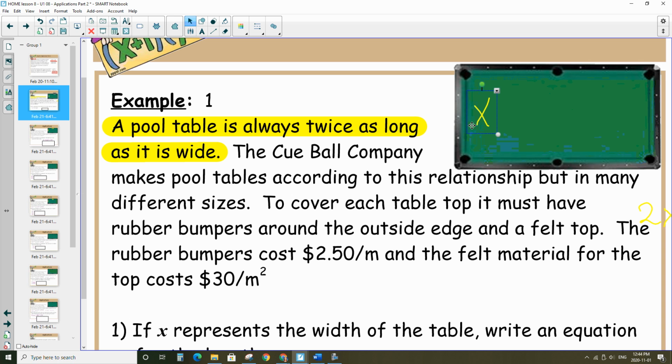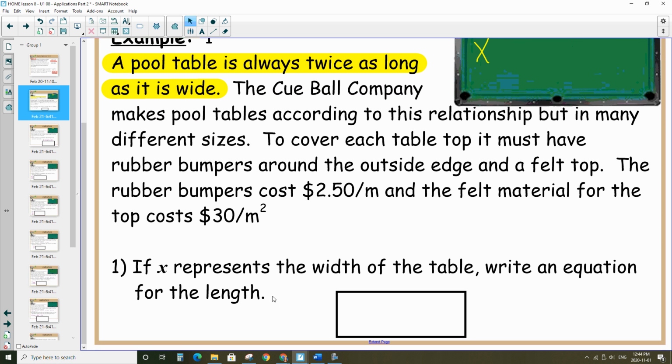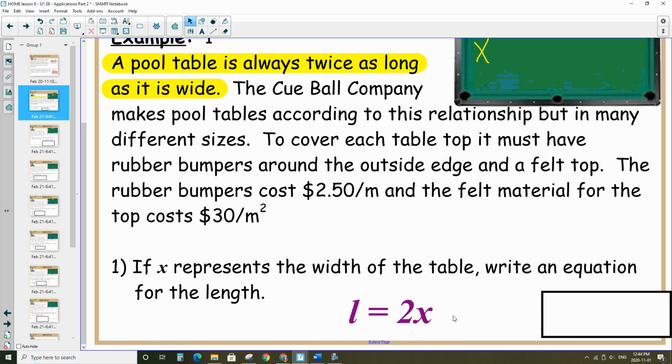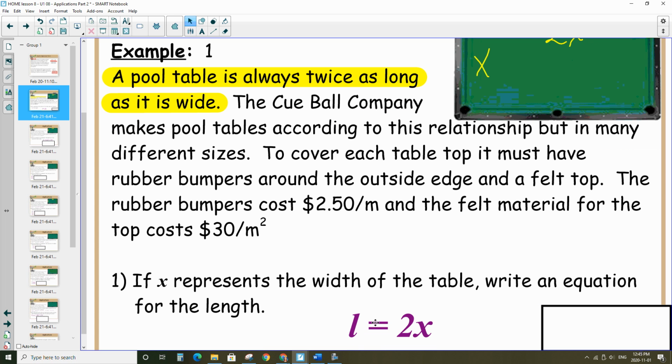So if it's x wide, then it has to be 2x long, right? It has to be twice as long as it is wide. Width is going to be x, so our length is going to be 2 times x.